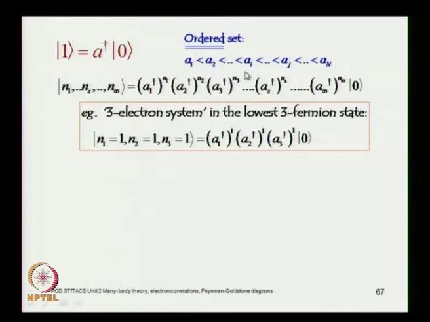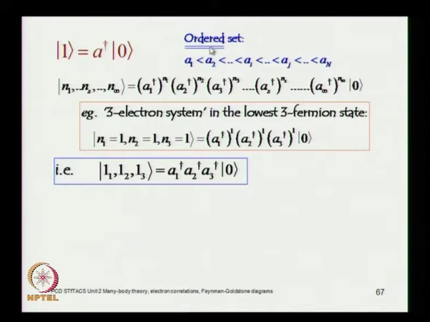So, this is your 3 electron system where the first 3 states are occupied and not any of the others. You have n1 equal to 1 in state 1, the number of particles in state 2 is also equal to 1, and the number of particles in state 3 is also equal to 1.